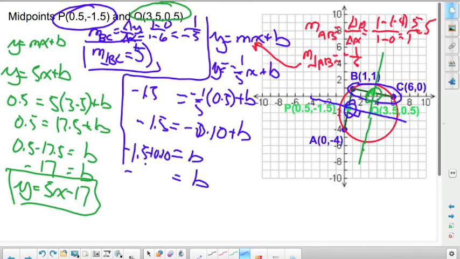So b is equal to negative 1.4. So therefore the equation of my blue line is y is equal to negative 1/5 x minus 1.4, which is really 7/5. So you can actually do this question with fractions, a little bit harder. So now we have our two equations.